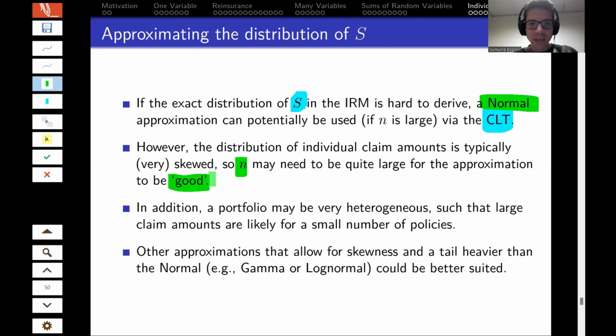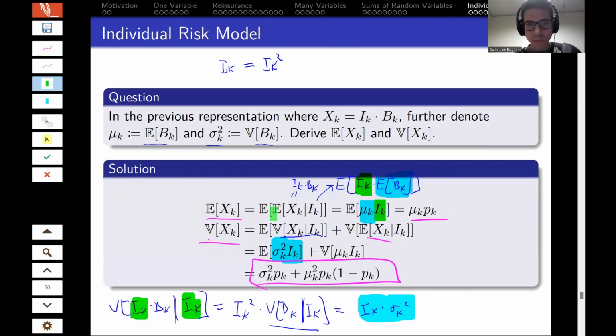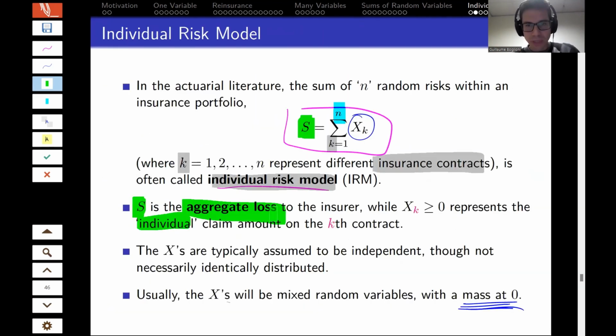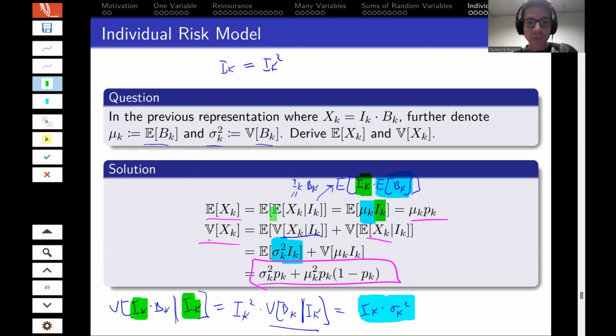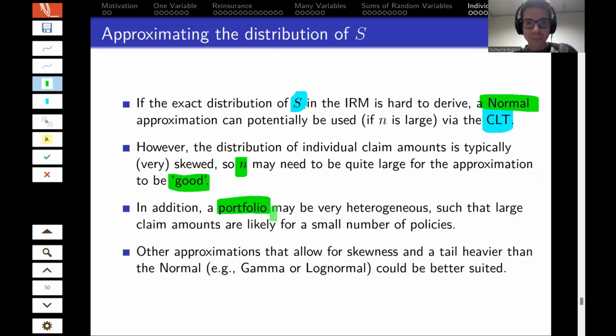In our case, the X's can have different distributions. If they're very different, meaning widely different means and standard deviations, in particular some specific policies might have very large claims, that might skew things.